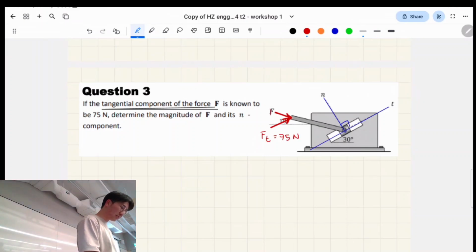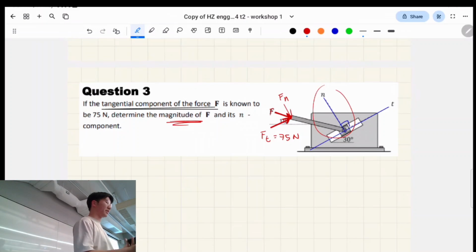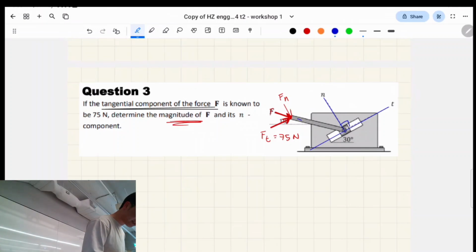What we're told is, what's the magnitude of that diagonal? Determine the magnitude of F, and also determine its n component. That's the component that's perpendicular to the plane. That's what the question's calling for. Sorry, I've kind of drawn over this. This angle that's written here is 10 degrees. And then this angle that's written here is 30 degrees.